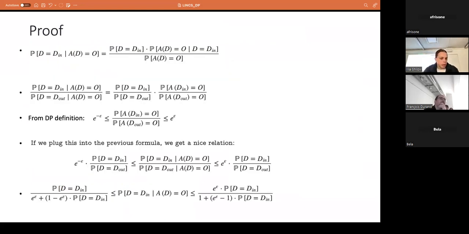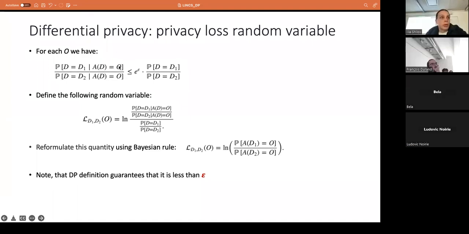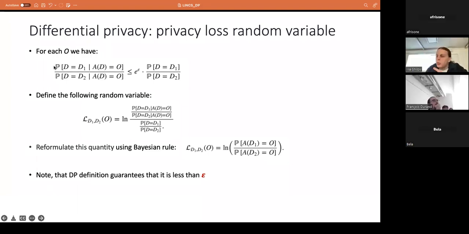So here's the proof. Maybe I will skip it because we don't have that much time. But the interesting notion to understand what's happening with differential privacy is the privacy loss random variable. Basically, if we rewrite the definition of differential privacy using updated information, having an output O to our query to the database, we have two hypotheses: either this database is D1, or this database is D2.